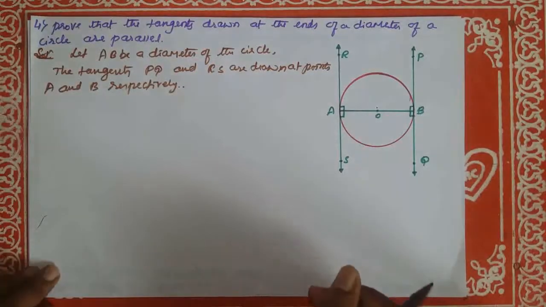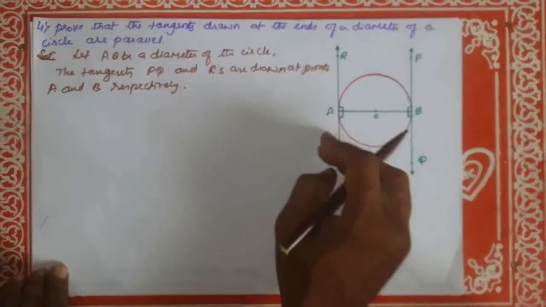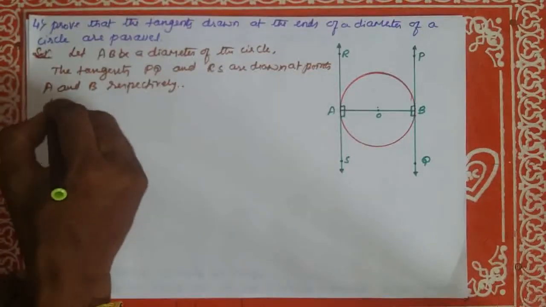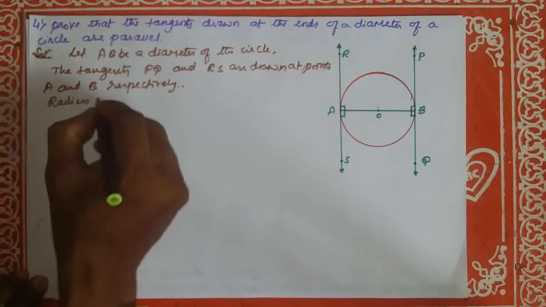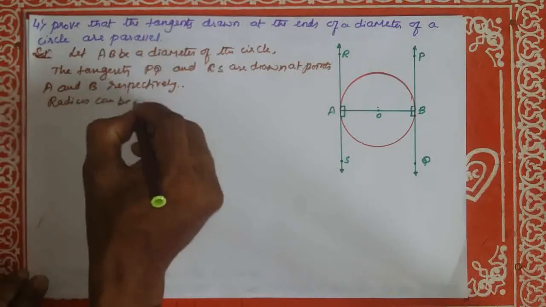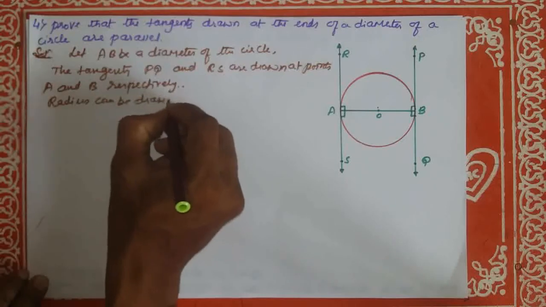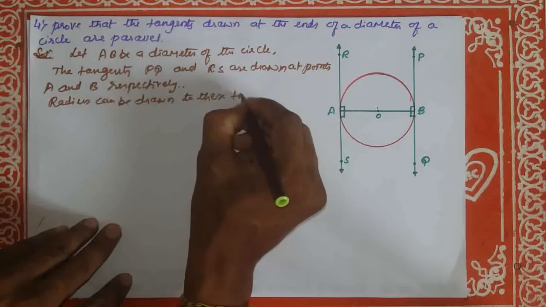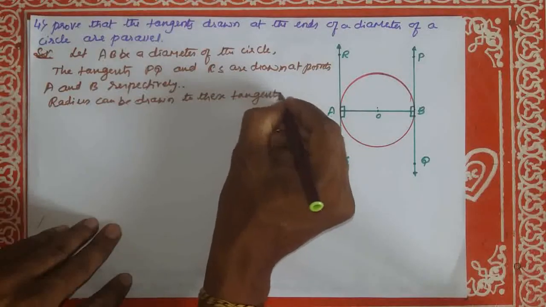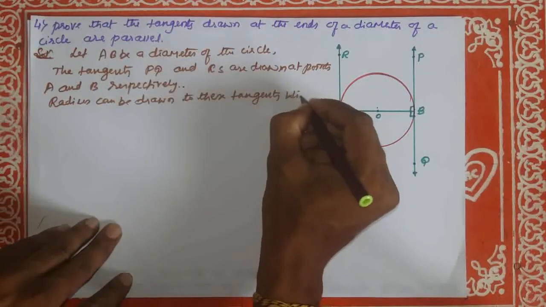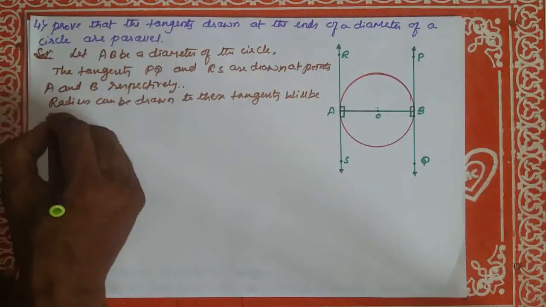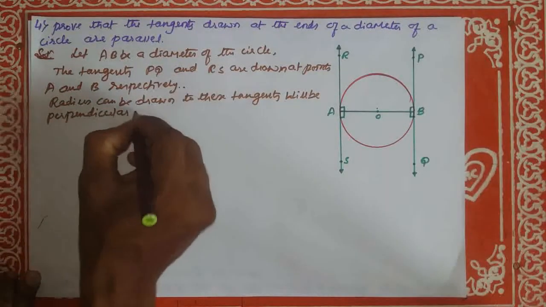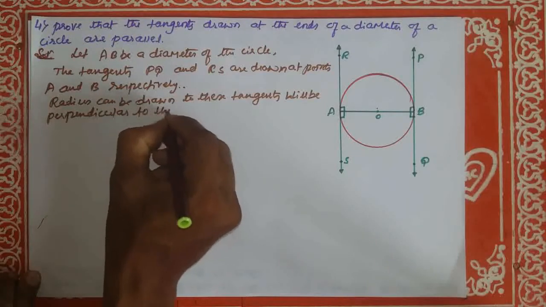See, radii can be drawn to these tangents and will be perpendicular to the tangents.